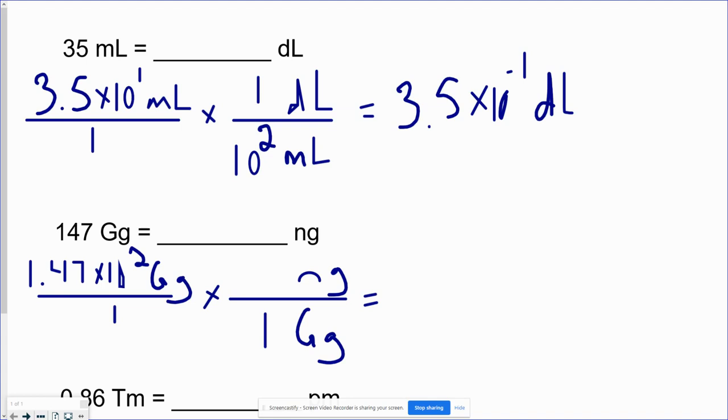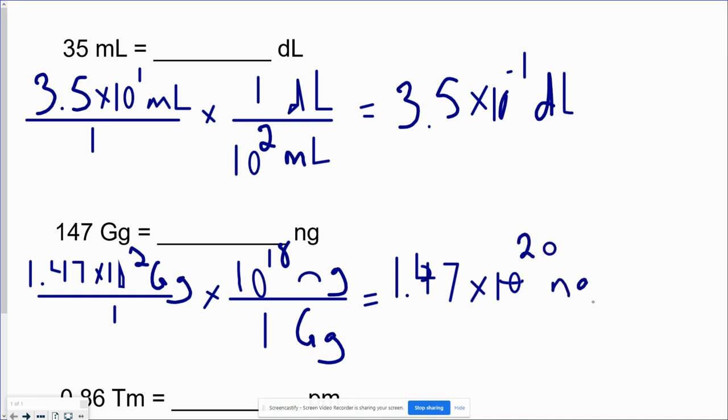Giga is 10 to the 9th, and nano is 10 to the negative 9th. So in between that is 18 steps. When you multiply exponents, you add, giving us a final answer of 1.47 times 10 to the 20th nanograms.